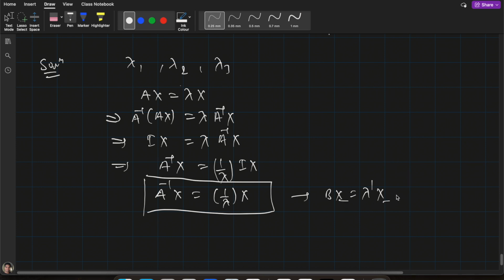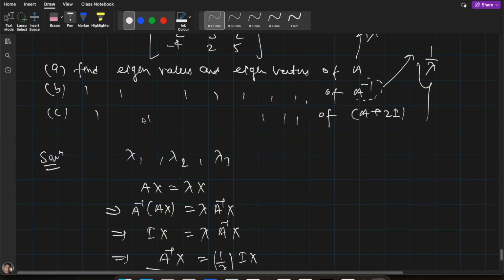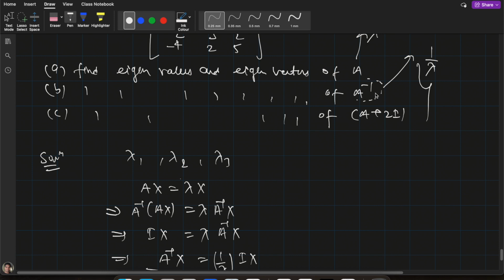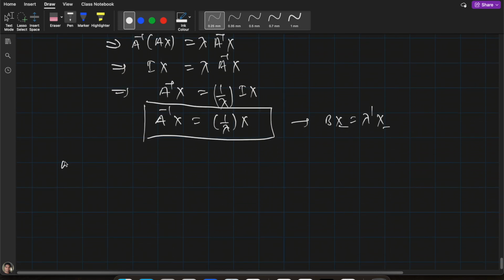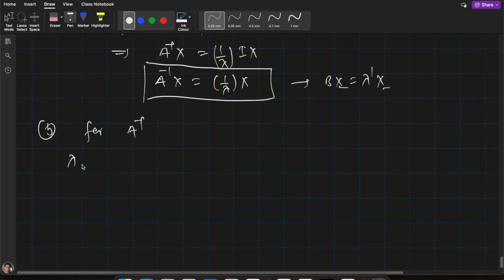You can see that the eigenvector has not changed, which means the eigenvalues of A inverse are: lambda 1 dash is 1 by lambda 1, lambda 2 dash is 1 by lambda 2, and lambda 3 dash is 1 by lambda 3.